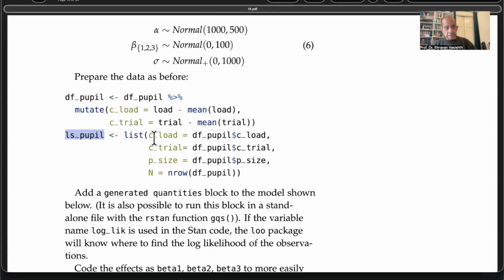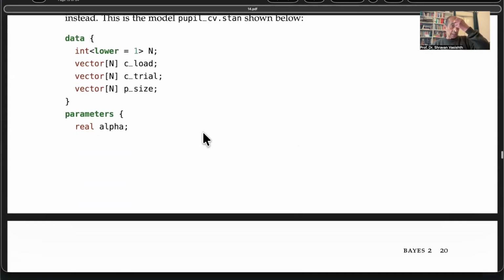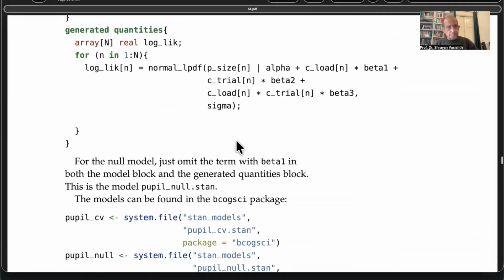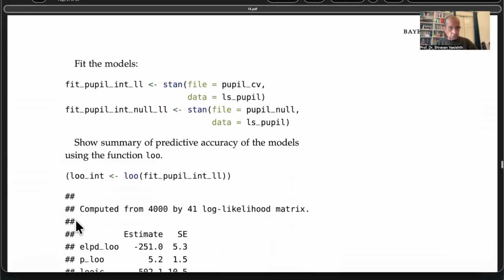It's just that c_load is not going to play any role. Even though it's there in the data, it's not ever going to show up. So you can look at the code to see what comes in the data block. Okay, just take a look at that yourself later on. All right, so you fit the models.